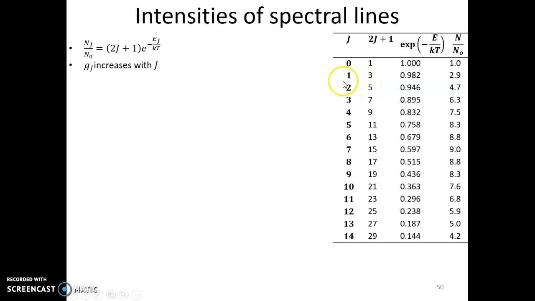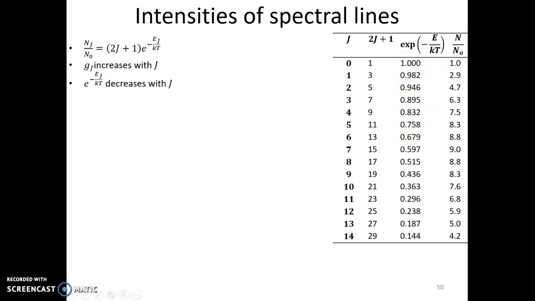Then the first excited state with J equals 1, you have 3 possible states with the same energy. However, the exponential factor decreases from 1.0 to 0.89. It decreases with J. So the degeneracy increases, the exponential factor decreases.